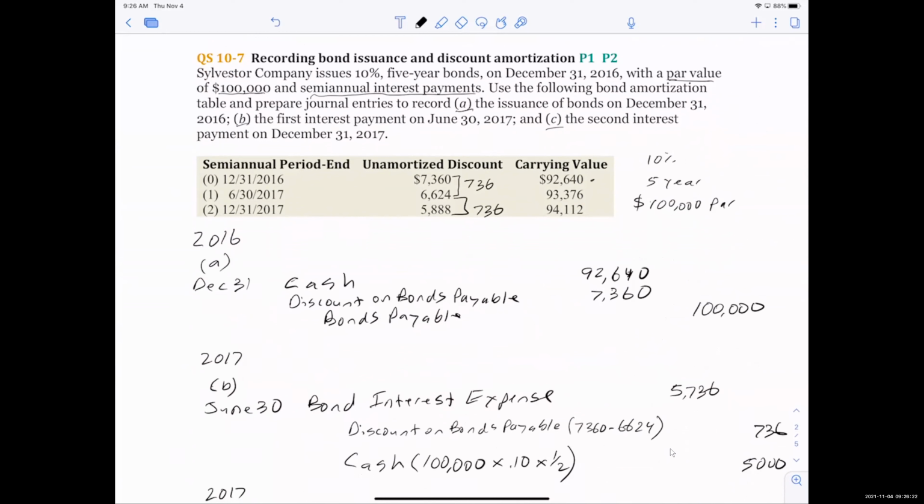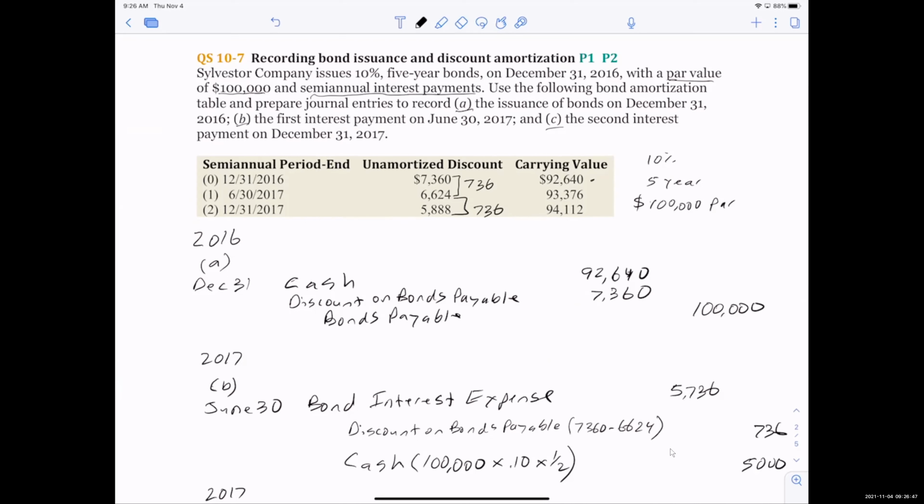Okay, we're going to record the bond issuance and then record the discount amortization. Remember, amortization is just another word for allocate. It's kind of like when we allocate the cost of a truck over its useful life, we call that depreciation.